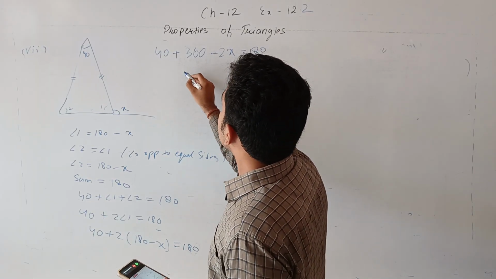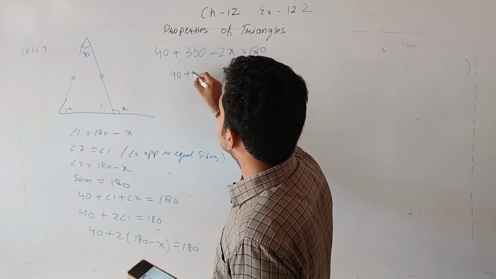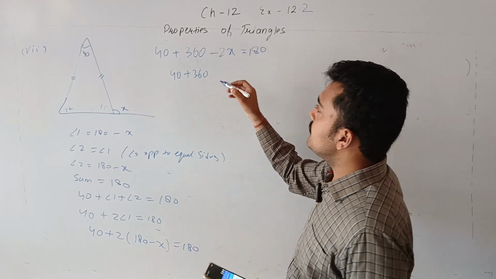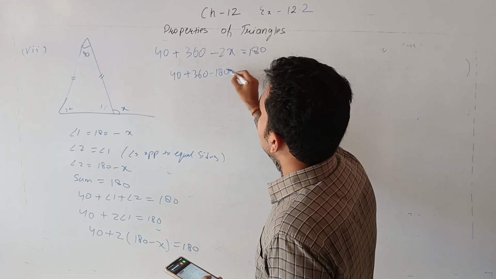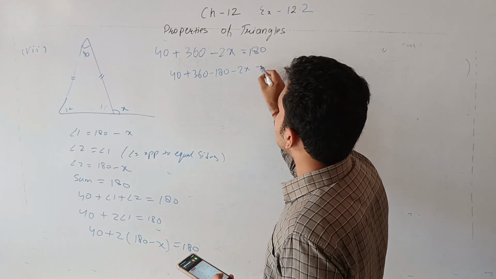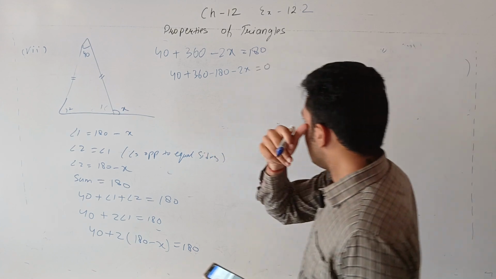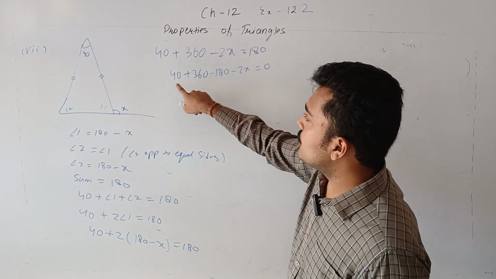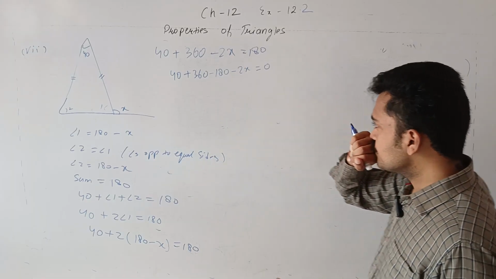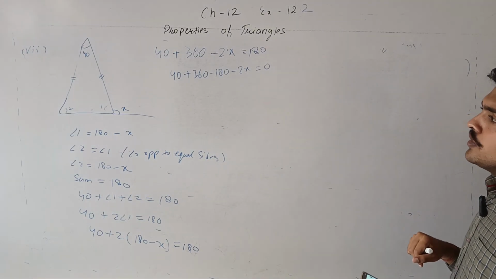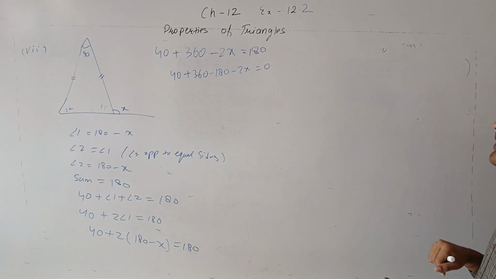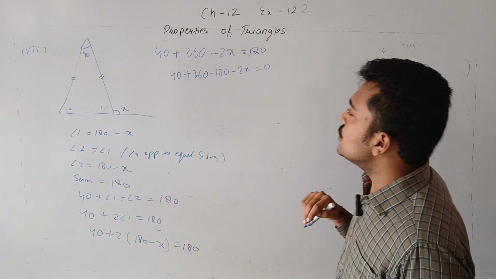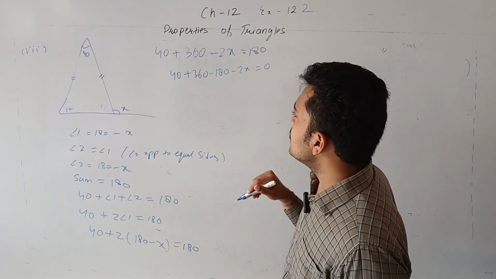Therefore, we can write 40 plus 360, and 180 comes to the right side, it becomes minus 180, and minus 2x is equal to 0. So 360 plus 40 is equal to 400, and 400 minus 180.